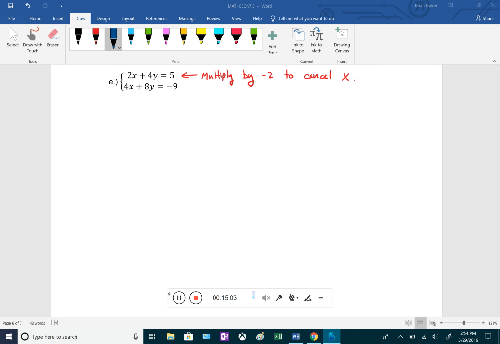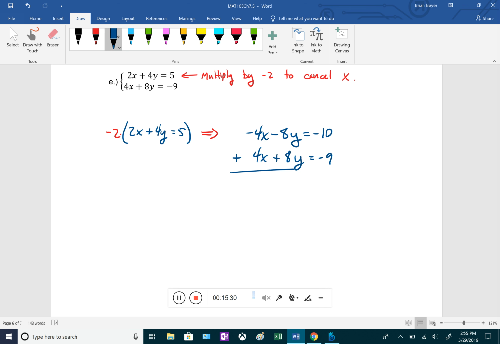So when we do that, it's going to be 2x plus 4y equals 5. Multiplying that whole thing times negative 2. And that's going to end up giving us negative 4x minus 8y equals negative 10. And we're going to add this to the other one. So add 4x plus 8y equals negative 9.